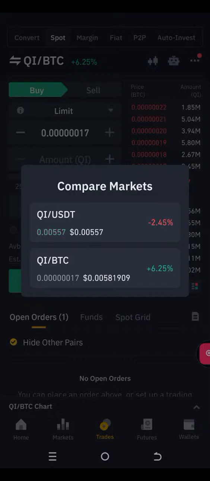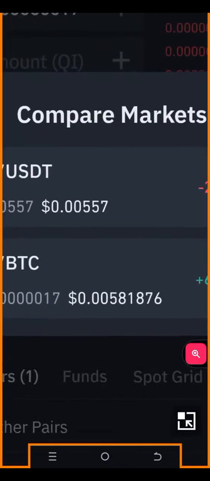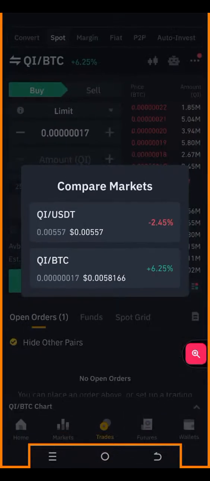Let me magnify this for you. You'll see that QI USDT is 0.0055, while QI BTC is 0.058. So obviously we know that the cheaper one is USDT, so we're going to start with that.